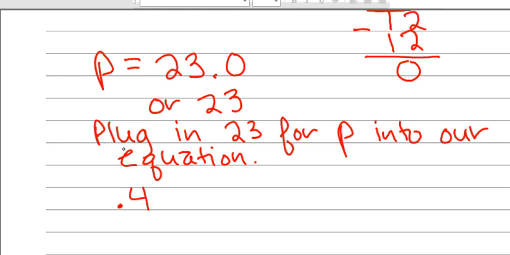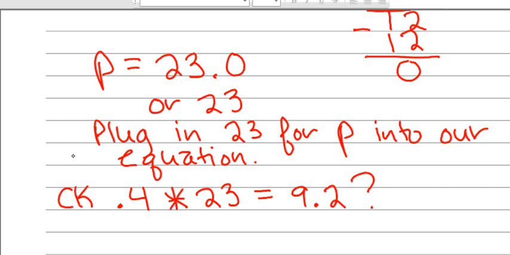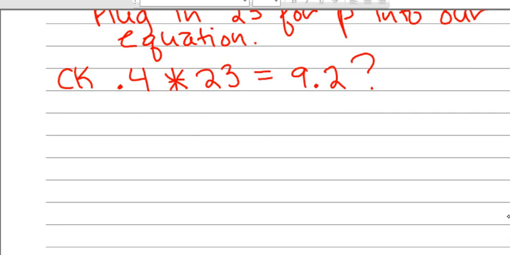Does 0.4 times 23 equal 9.2? And here I'm just checking. Okay, I'm going to take 23 times 0.4.